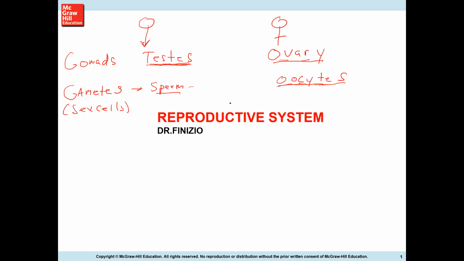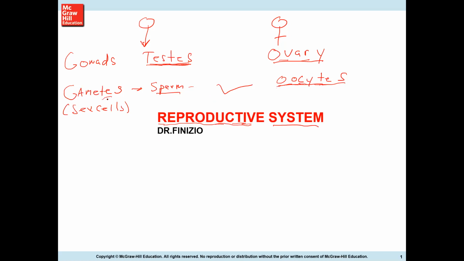So again, reproduction is not so much about sexual activity, right? It's about getting your genes, your chromosomes, from one generation to the next to keep perpetuating the human being. That's really the whole idea. And the diversity of that is very important because you're not going to undergo mitosis.